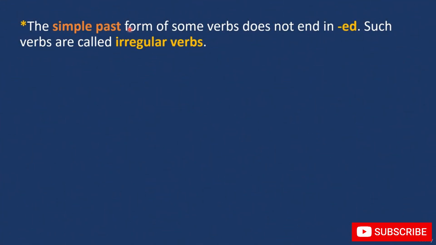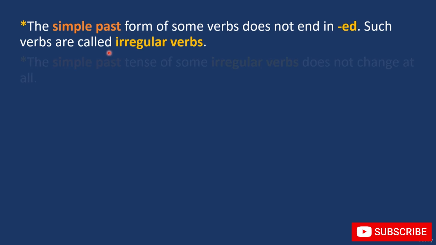The simple past form of some verbs does not end in ed. Such verbs are called irregular verbs. What we have studied before are called regular verbs. We add ed. There are some verbs that do not end with ed and we call them irregular verbs.